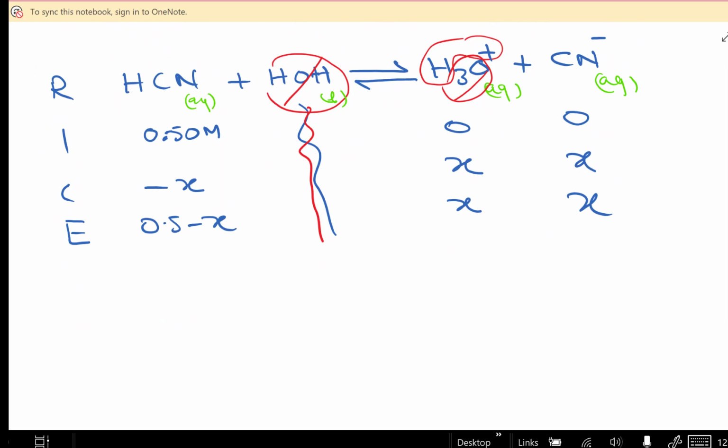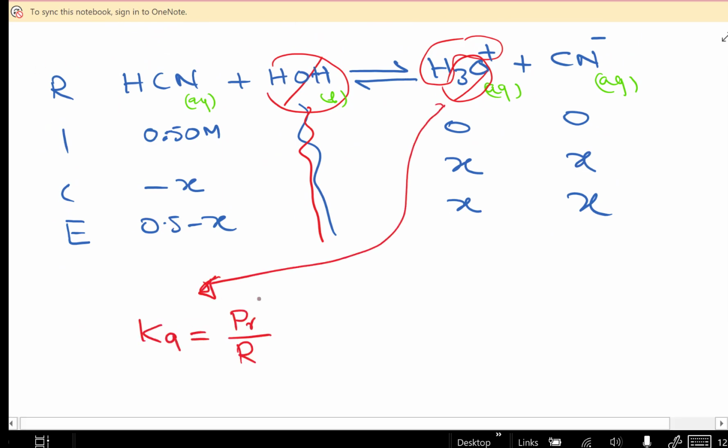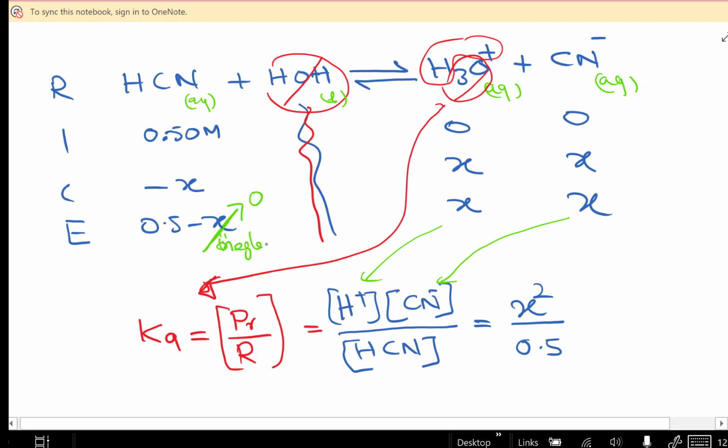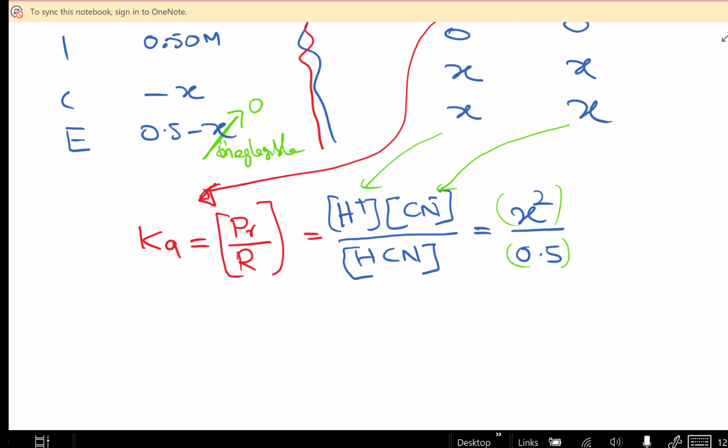Now, we also can think H plus or H3O plus is an acid, Ka, constant of acidity, you write, that's the reason. So product over reactant, products are H plus and CN minus divided by HCN reactant, that is x squared over 0.5. So those two, just plug in the x values, right? Now here, this is the assumption, x is negligible, it reaches 0, only that x, no other x will be negligible, right?